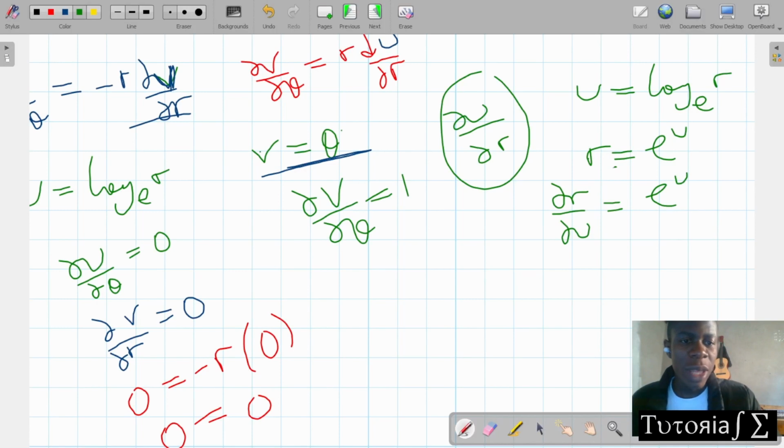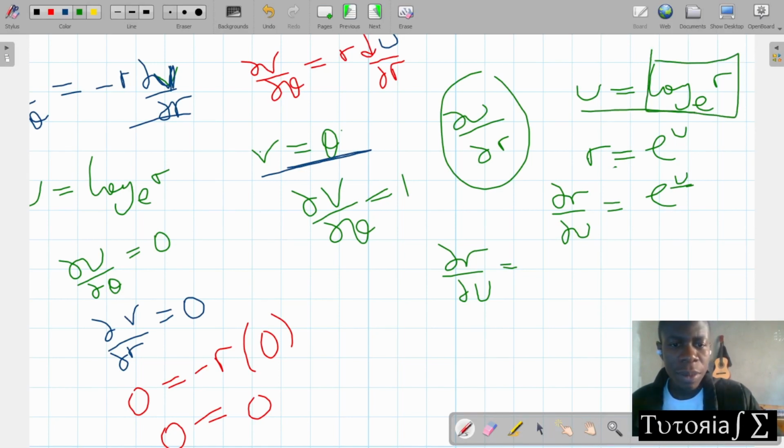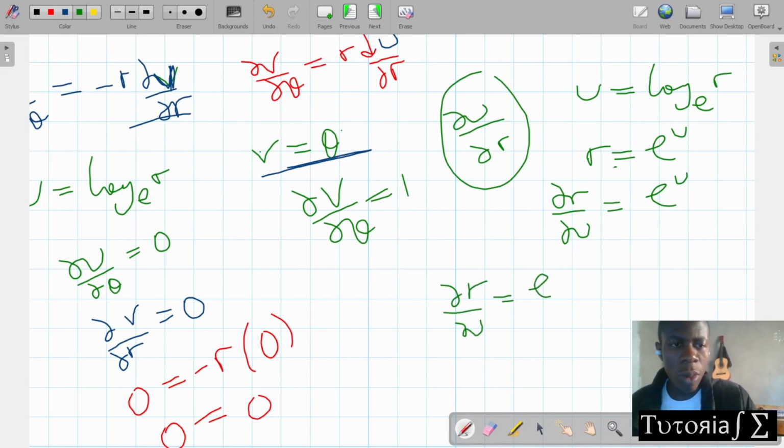So our dr/du is equal to e, where there is u, we can replace it with log to base e of r. And we know that log to base e is the same thing as natural log.